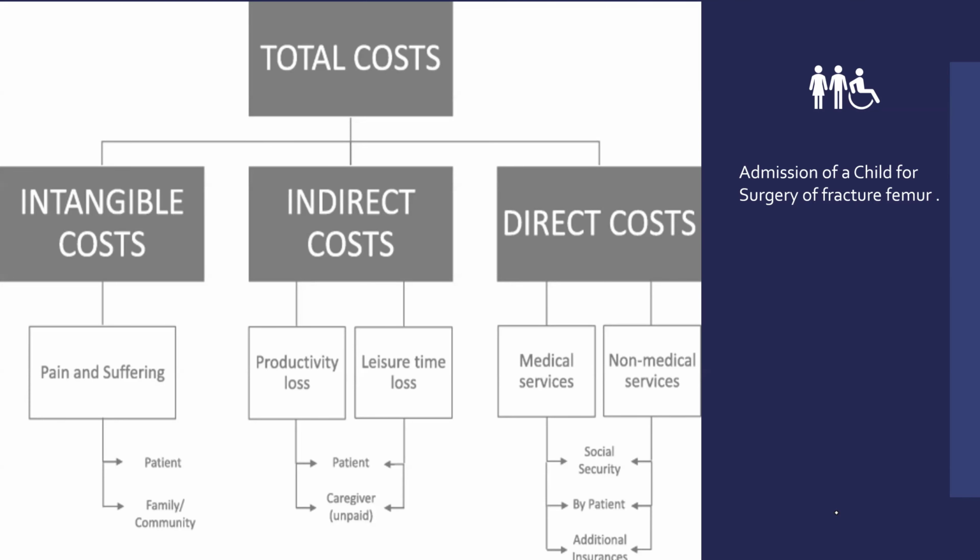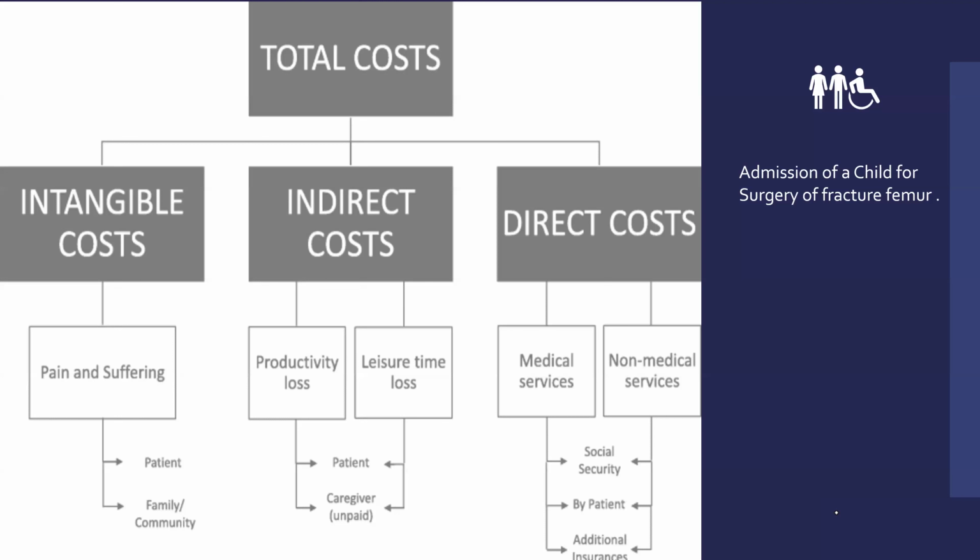Suppose the mother is an unpaid worker, a housewife, there is the leisure time cost. Those are indirect costs, usually borne by the patient and the caregiver. There are some costs which you cannot measure by money, like distress due to the child suffering, pain borne by the child. Those are called the intangible costs.